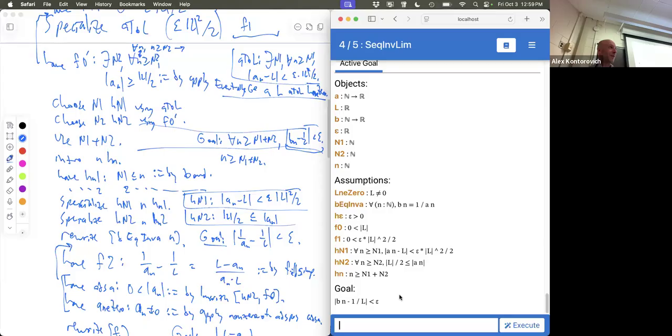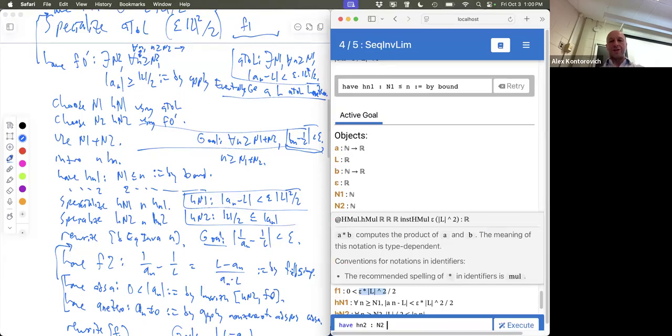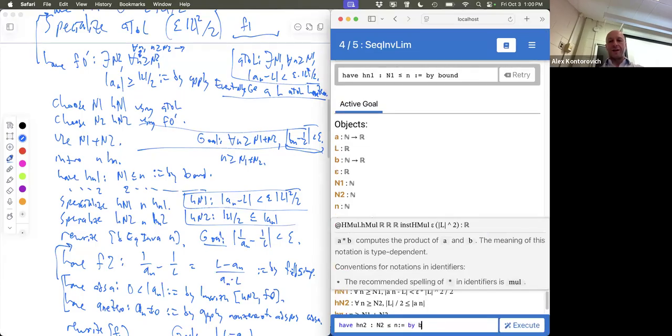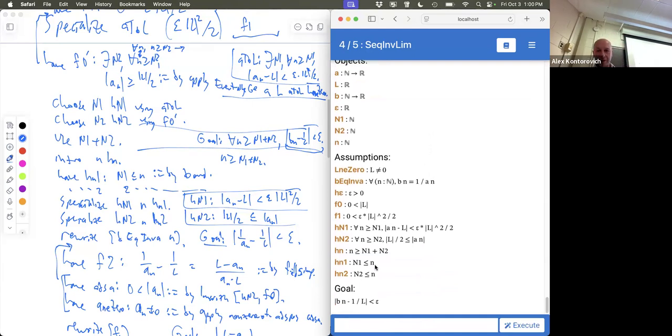Everybody's there? Any questions? I'm going quickly because I think we understand how to do this. Please stop me if anything's not clear. We need new versions of HN1, of HN rather. First of all, that N1 is less than or equal to N by bound. Then we need that N2 is less than or equal to N, again by bound.